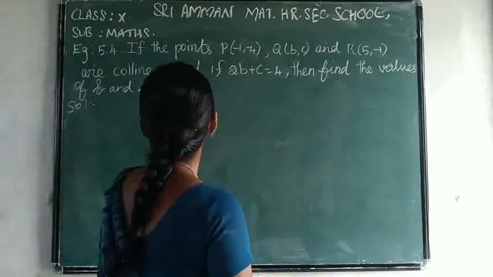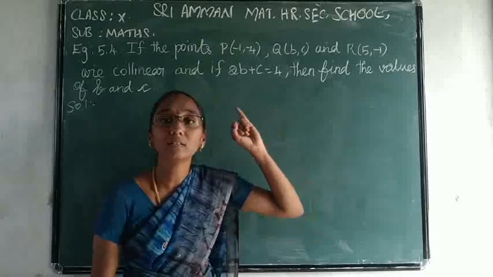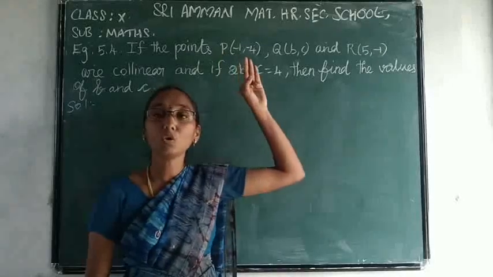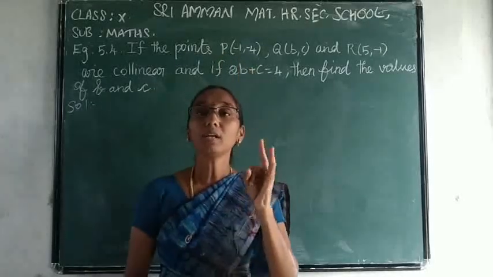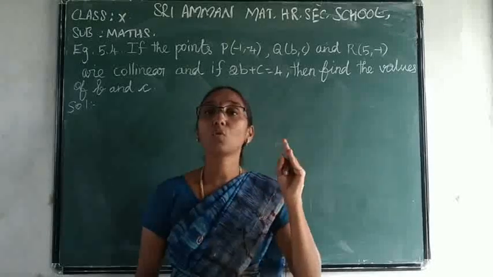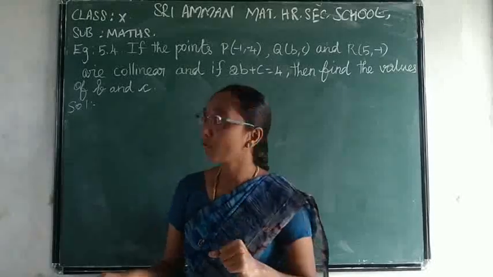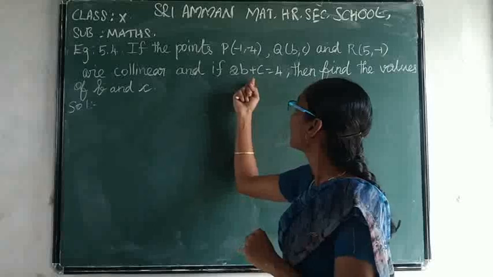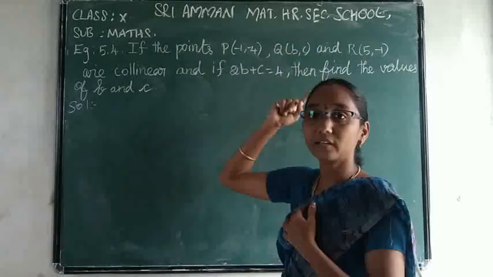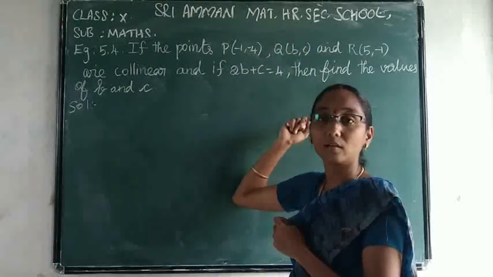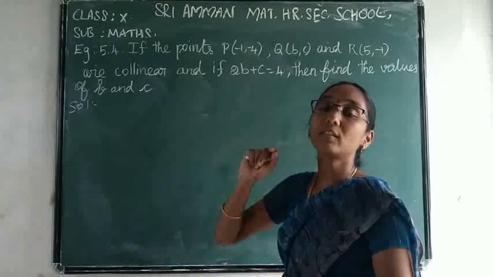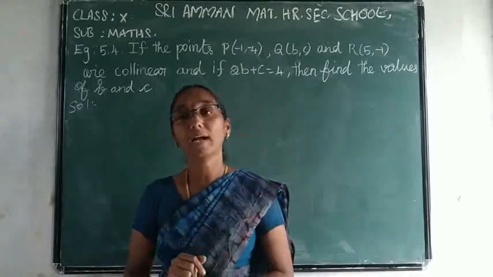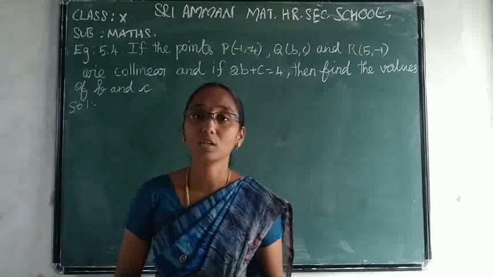Then find the values of B and C. P, Q, R are collinear, and this equation is also satisfied by B and C. Then what is the value of B and C? This is the question.